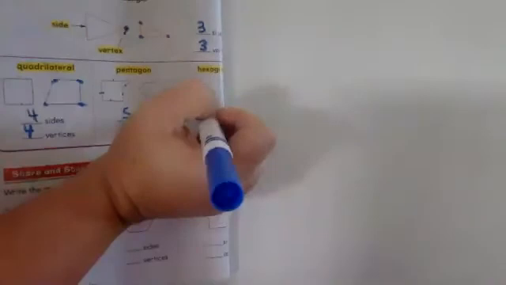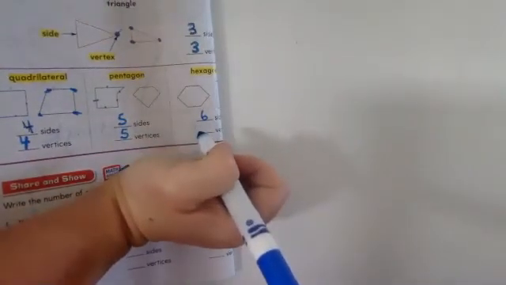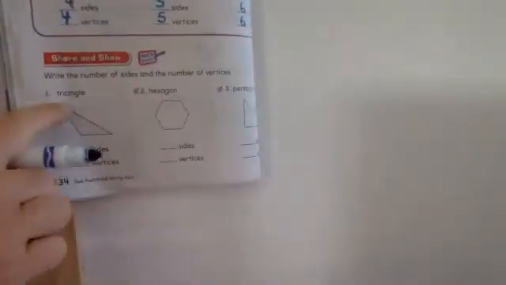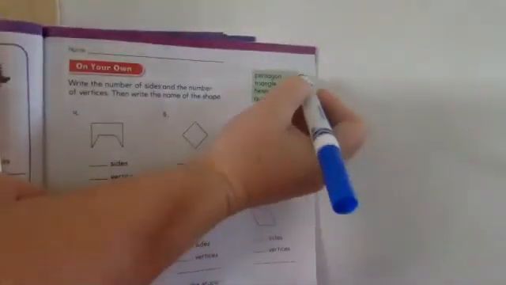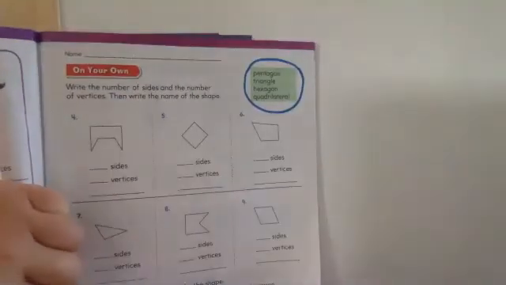Good job. And how many vertices? 6. Yeah, exactly. So what you're doing is labeling the different names of the shapes. So triangle, hexagon, pentagon. You are labeling the sides and the number of vertices. Right here in the corner, this green square is our vocabulary of all the different shapes.